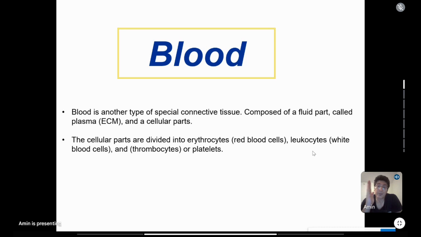Some histologists, scientists, and histopathologists call it extracellular fluid, not extracellular matrix. For blood tissue, call it extracellular fluid or plasma. It doesn't matter, because extracellular matrix, plasma, and extracellular fluid are the same.